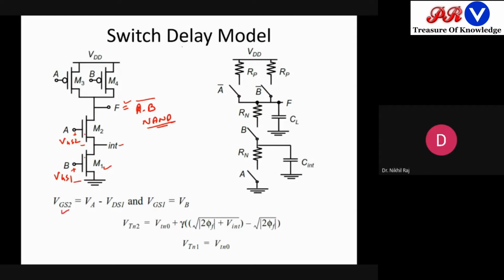VGS2 is nothing but VG minus VS. VG is VA, and VS is nothing but VDS1 with respect to it. And VGS1 is nothing but the voltage VB. Let's say this is VA and this is VB.